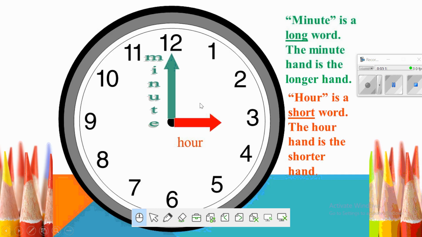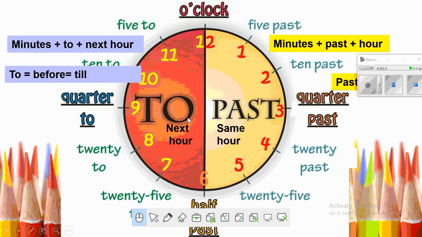Remember again, the short hand is for the hour, the long hand is for the minute. This is the lesson about to and past. I told you if I want to say past or to, I have to partition the clock into two parts.